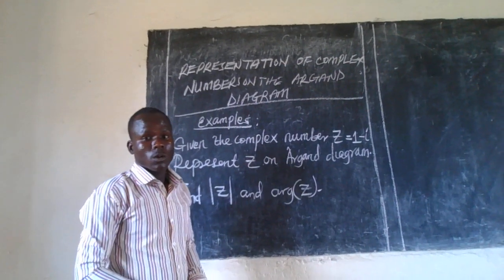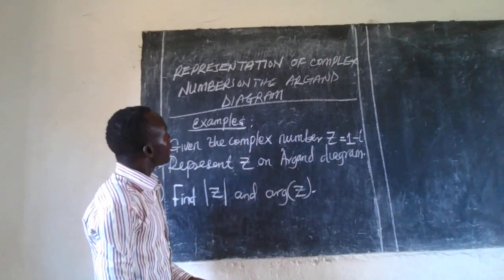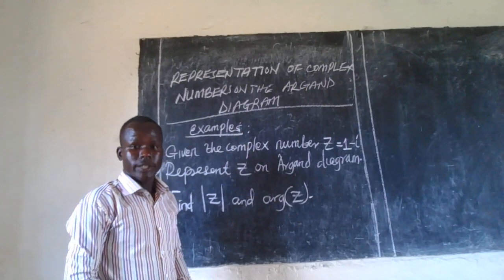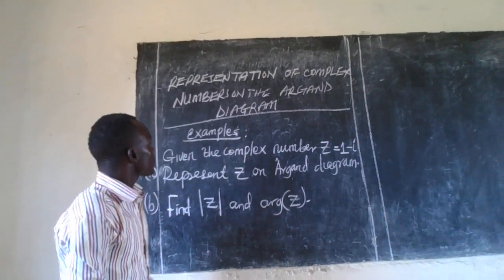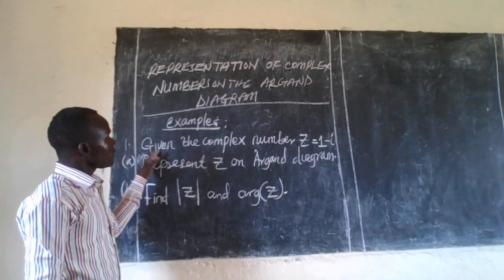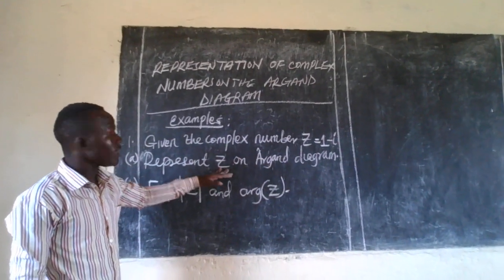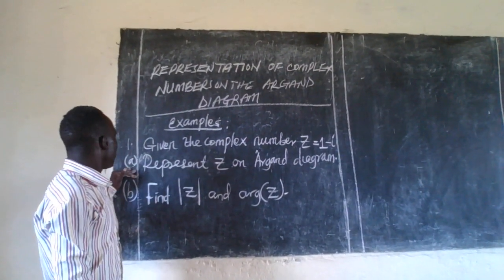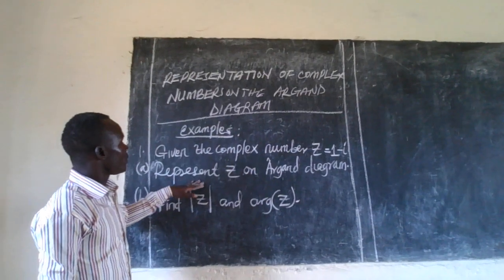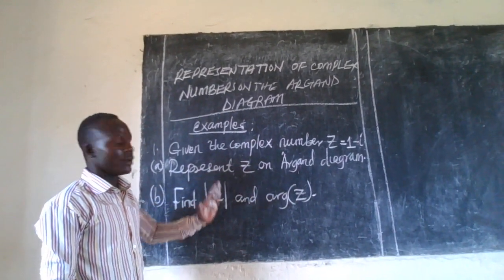We want to geometrically represent complex numbers on an Argand diagram. So they have given us an example here. Given that the complex number z is given by 1 minus i, then A, represent z on the Argand diagram.